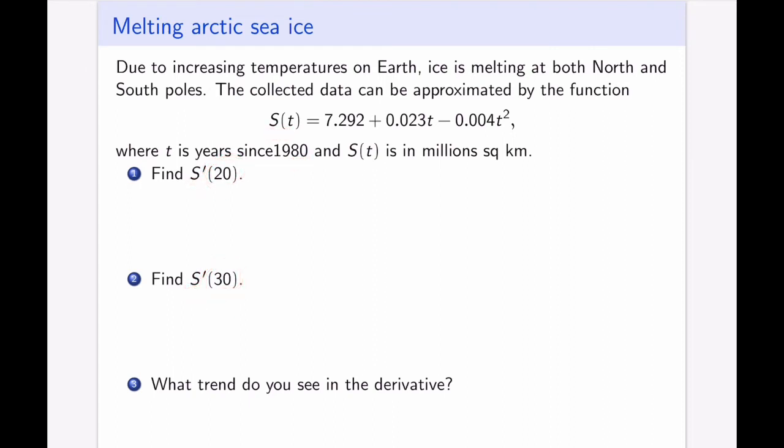Now, first of all, I'm going to have to find the general derivative, so s prime of t in general. And then once I have that expression, I can put t equals 20 and t equals 30 into it in order to actually calculate those values, right? So these are not actually disjoint parts of the question. We are going to have to do some overhead work first and then actually evaluate them at those numbers.